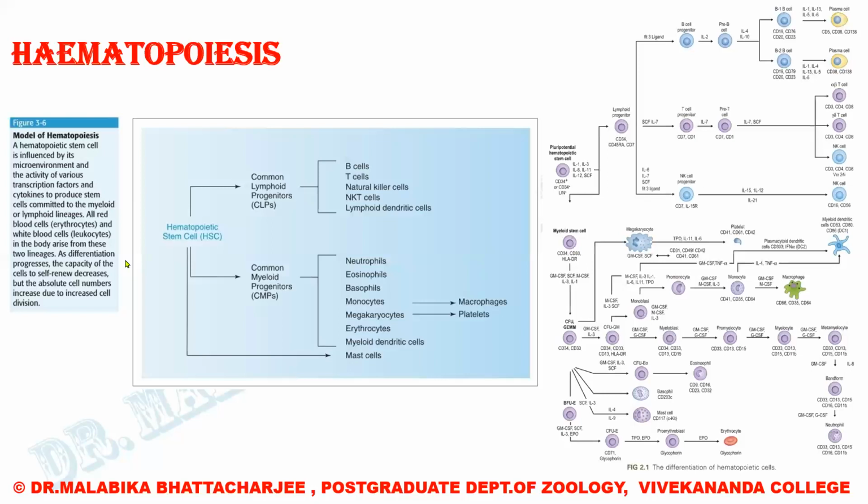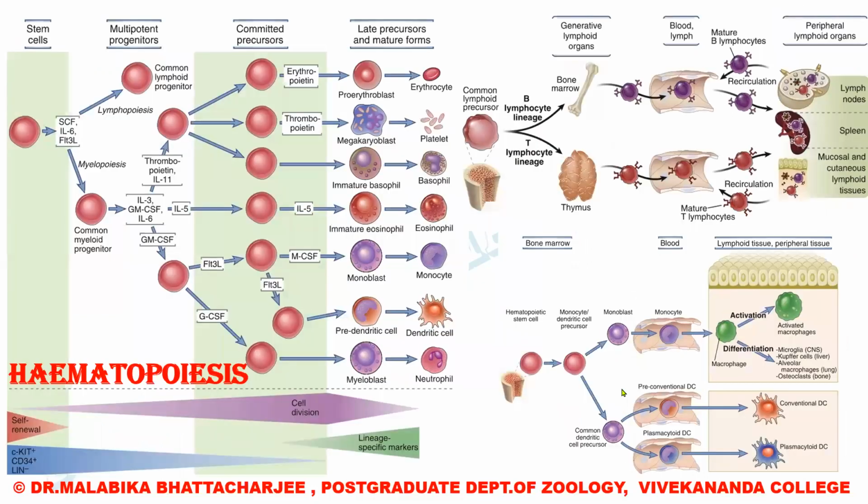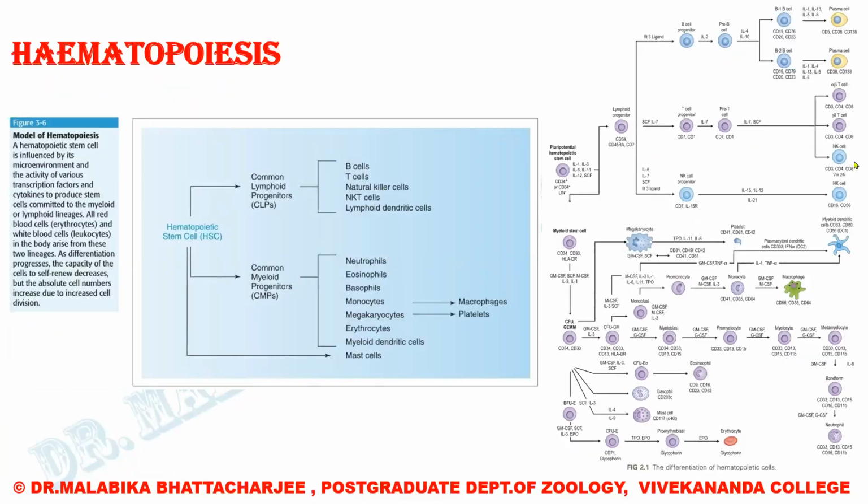We'll be doing these three cells, the NKT cells, the gamma delta cells, and the natural killer cells, later on. But at the very outset, I just gave you the basic difference between them. Now the next picture is a critical one. I'm not getting into the details of this picture.